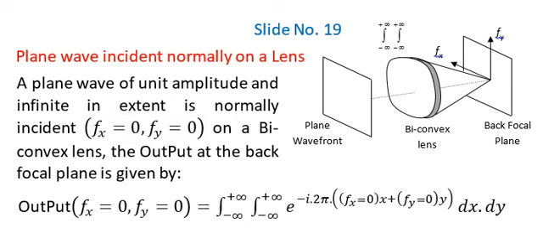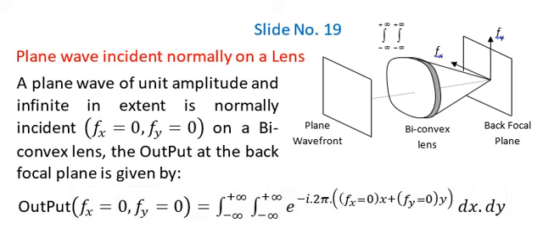The output at the back focal plane of the lens can be written as given below. Output is equal to the double integral of e to the power minus i 2 pi, within brackets fx equal to 0 multiplied by x and fy equal to 0 multiplied by y, integrated over the dx and dy plane.